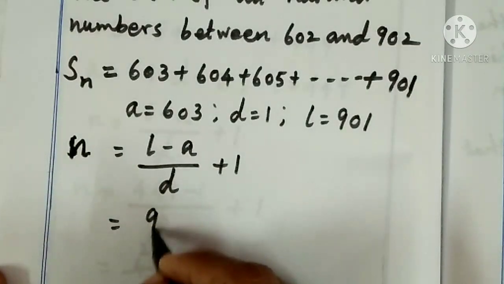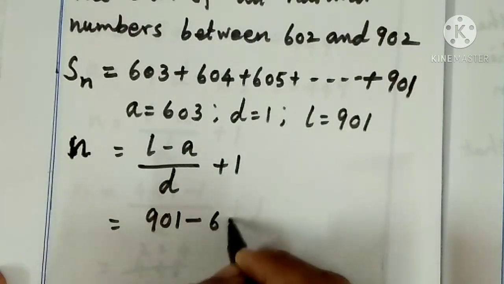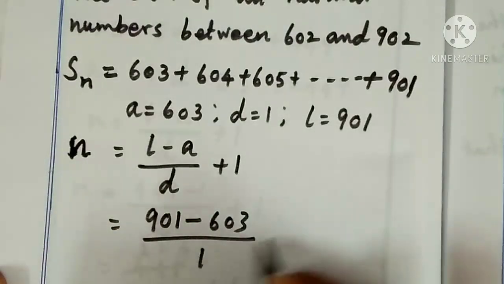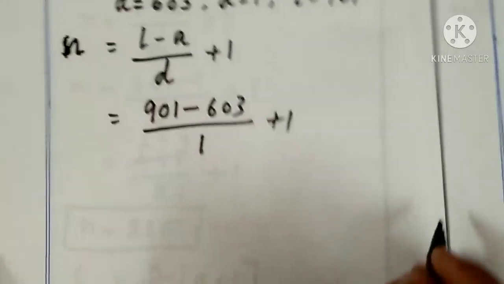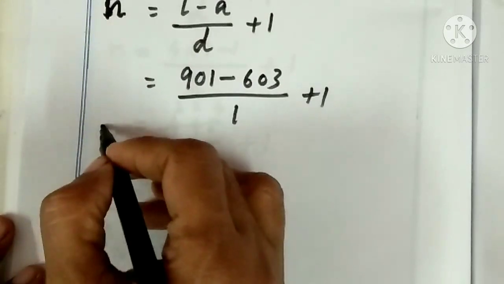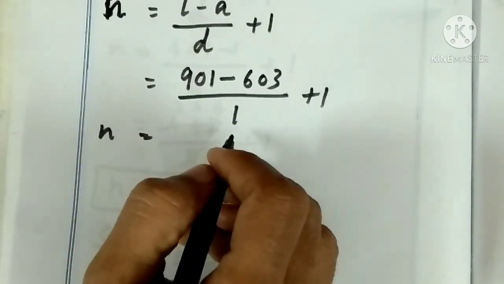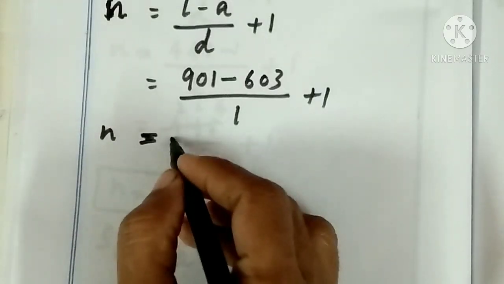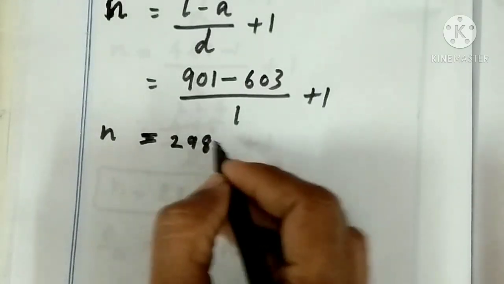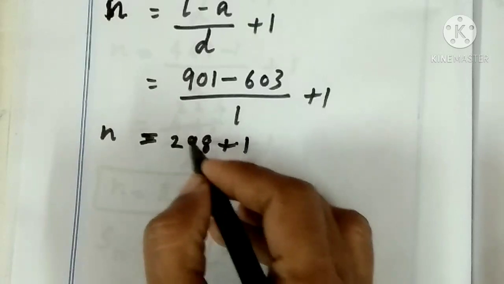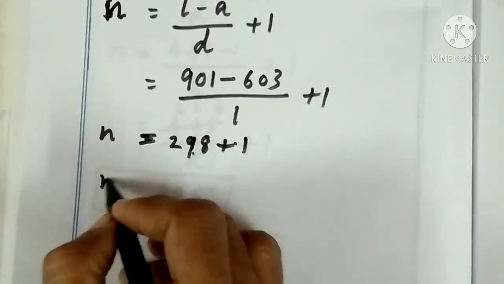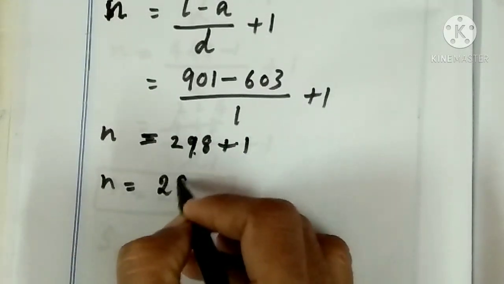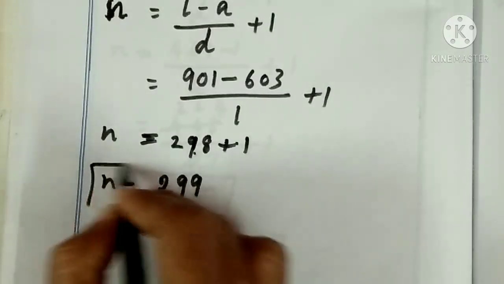Here last term 901 minus 603 by 1 plus 1. Now you have to simplify this, means we get n is equal to 901 minus 603 is 298 plus 1. That is n is equal to 299.